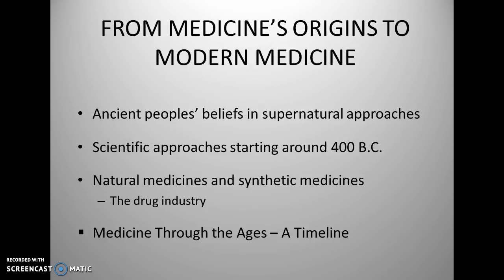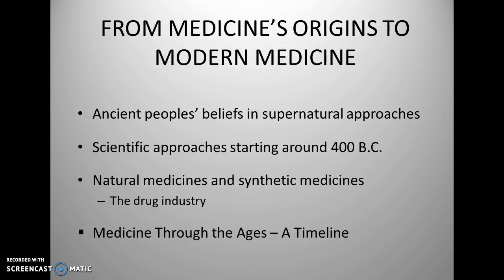Let's begin our discussion from this chapter looking at the origin of medicine and its progression to the modern medicine that we see today. Our knowledge of medicine through the ages goes back thousands of years.